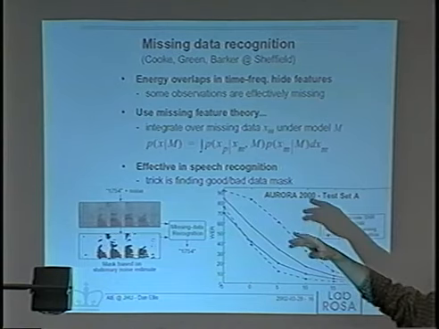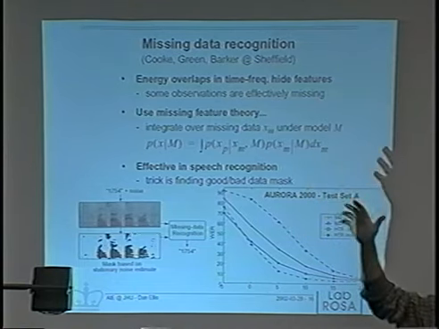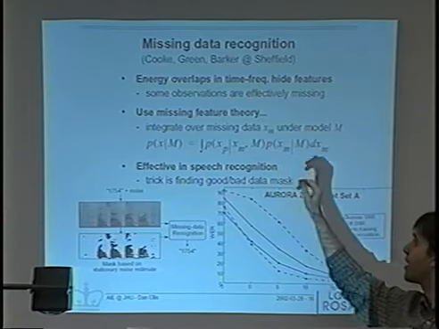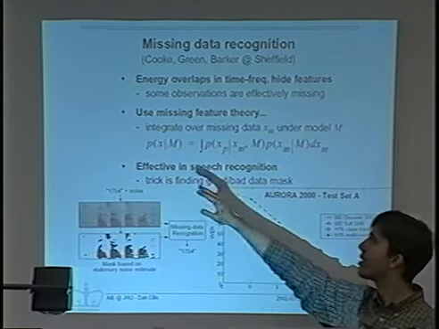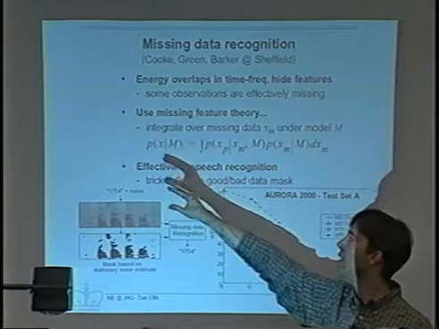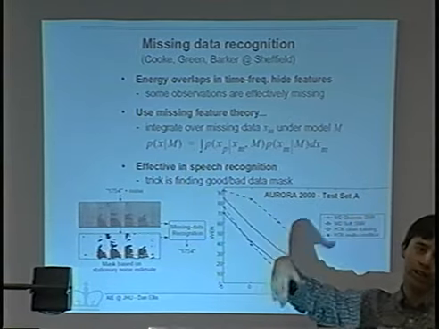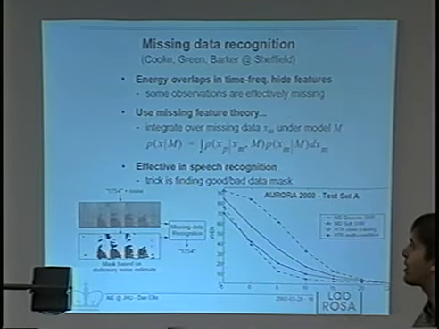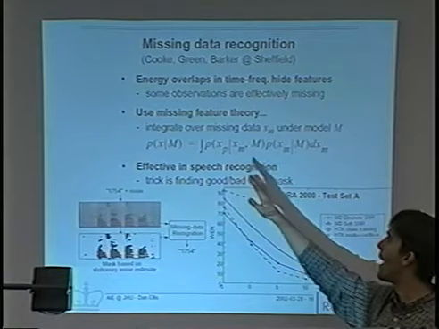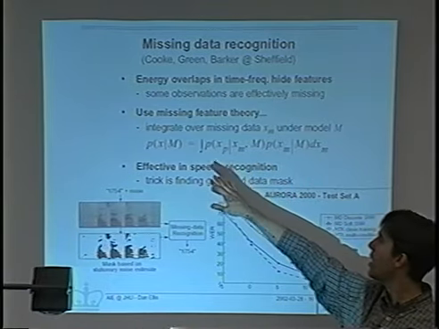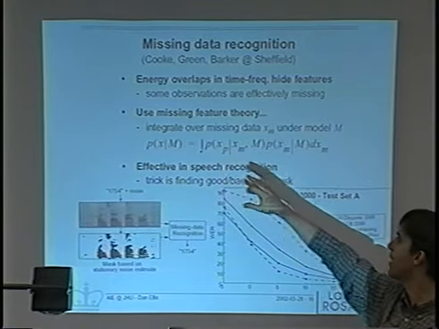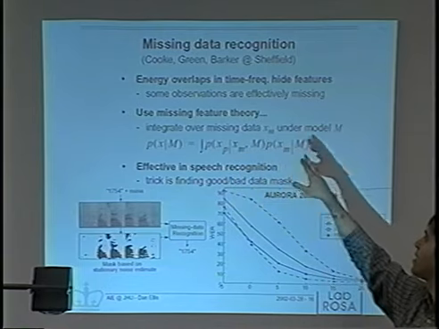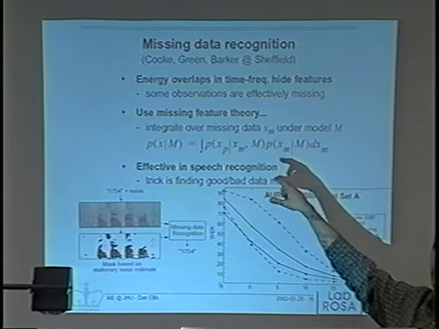You can still do your classification if you know which features are good, by simply integrating over your missing data features. So if you're using this distribution likelihood in the middle of your HMM, you can evaluate it as the likelihood of the present data given the missing data, integrate over all the missing data, and multiply by the probability of the missing data.